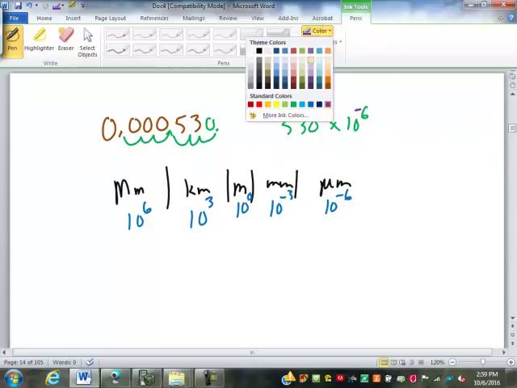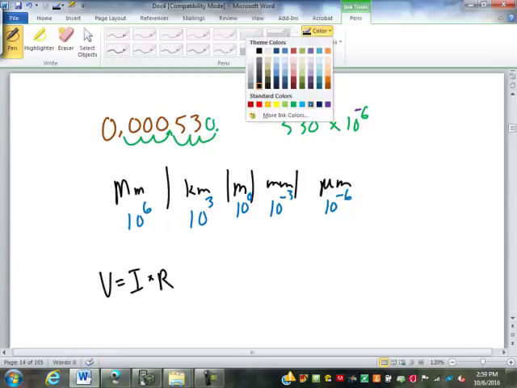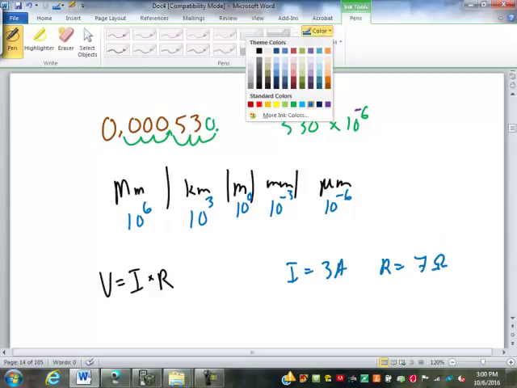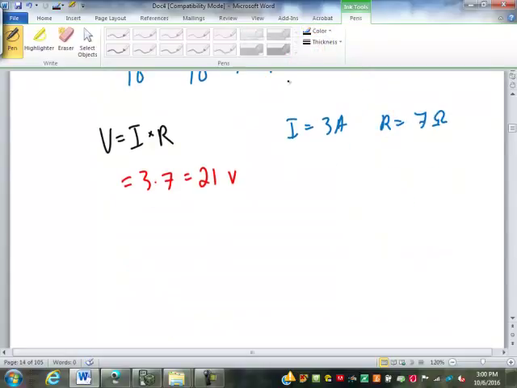So if I'm doing an operation, let's say one of the formulas we saw in Unit 1 was that voltage is equal to current times resistance. If I have that my current is 3 amps and my resistance is 7 ohms, well then this isn't that hard to do. My voltage is just 3 times 7, which is 21, and I put the appropriate units on it, which is volts. But it usually doesn't work that way.